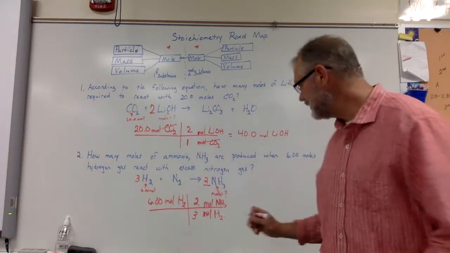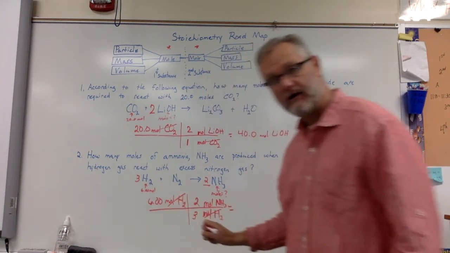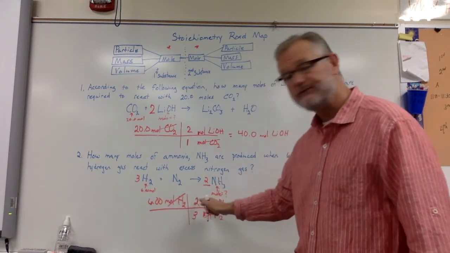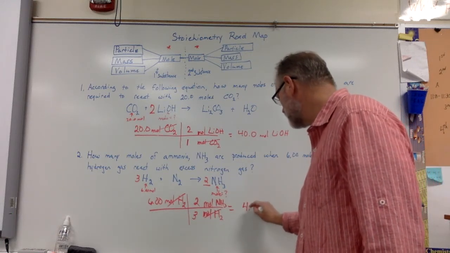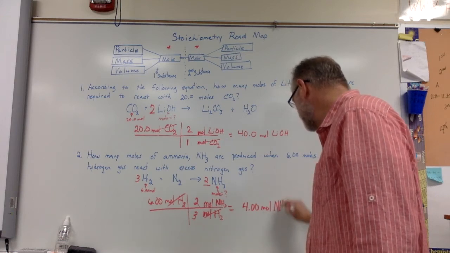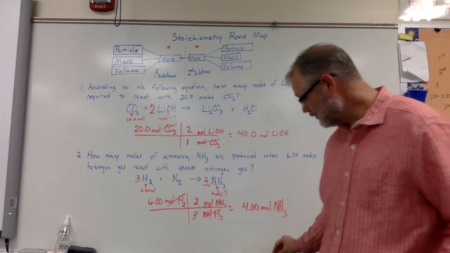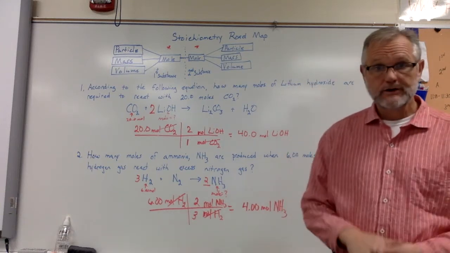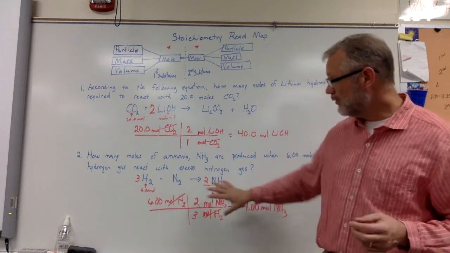My moles of hydrogen factor out. 6 times 2 is 12, divided by 3 is 4 moles of NH3. That would be my final answer: 4 moles of NH3.